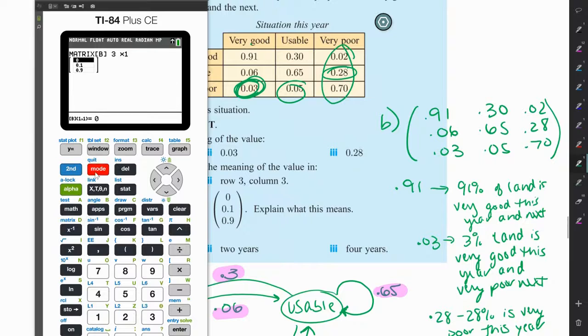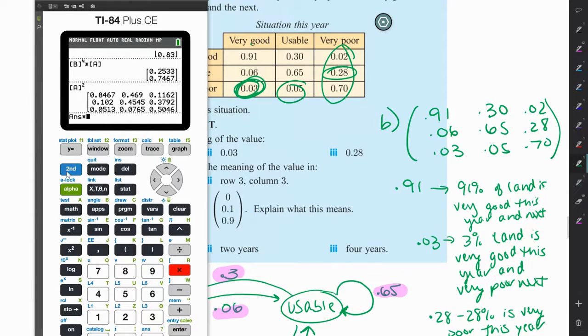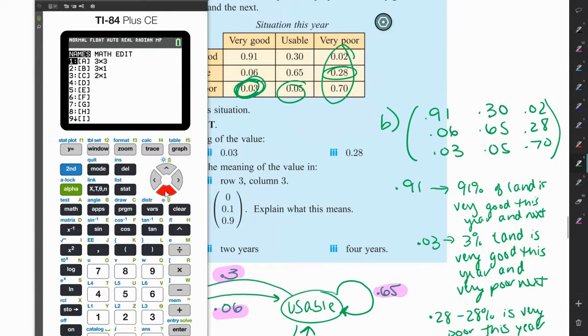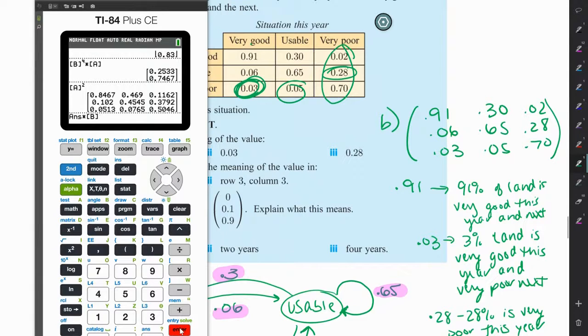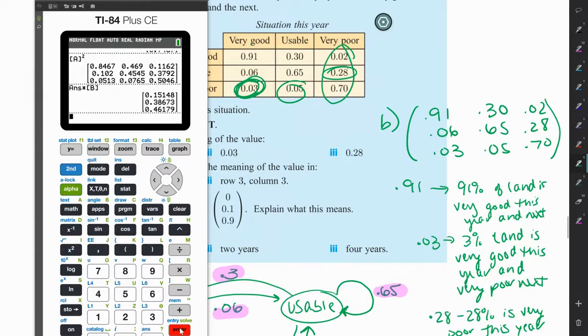So then I have matrix A squared as my answer. So I'm going to do that times matrix B. So in 2 years, it's 0.151, 0.387, 0.462. Okay, so that is 2 years.